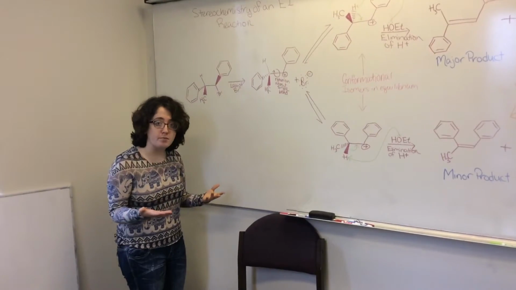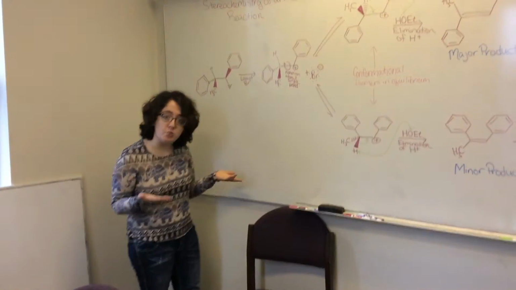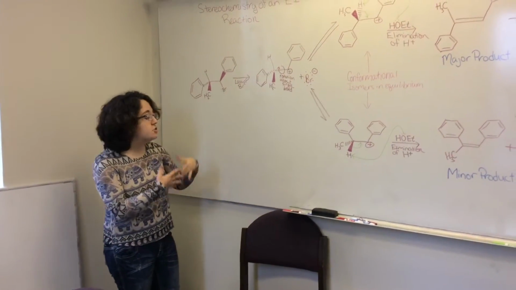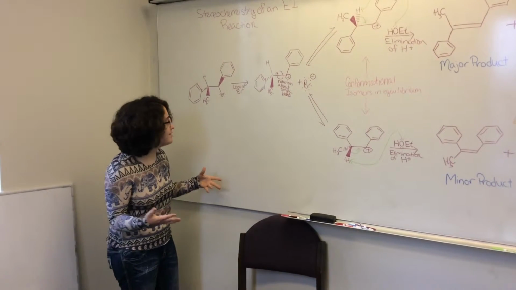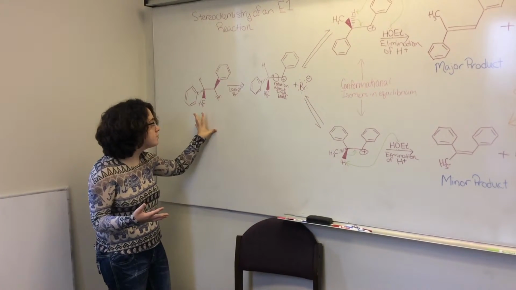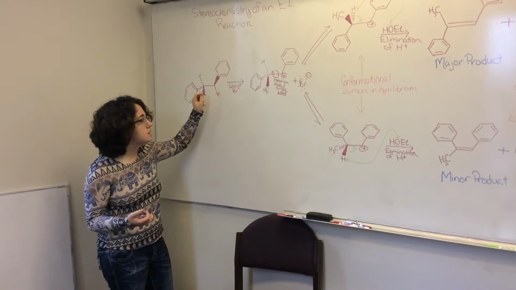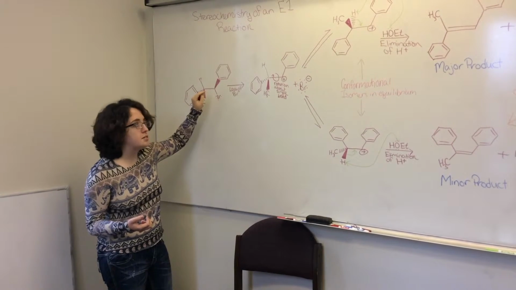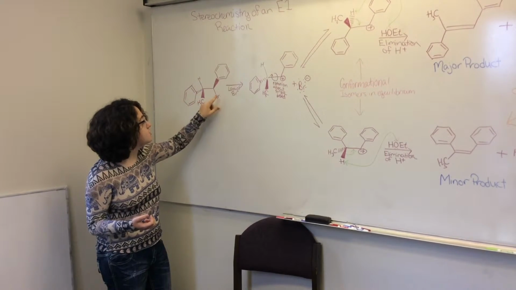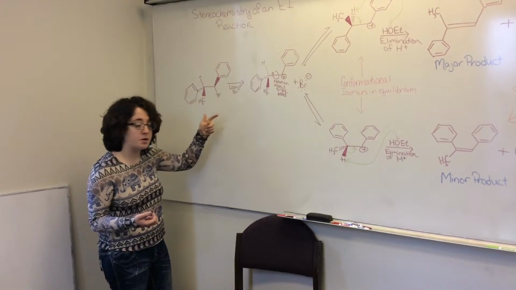Okay, so now we're going to talk about the stereochemistry of an E1 reaction. Just a reminder of what an E1 reaction consists of: we have our substrate and the leaving group, and the first step of this reaction is for this leaving group to hit the road.